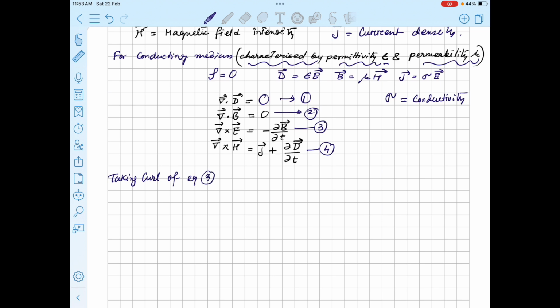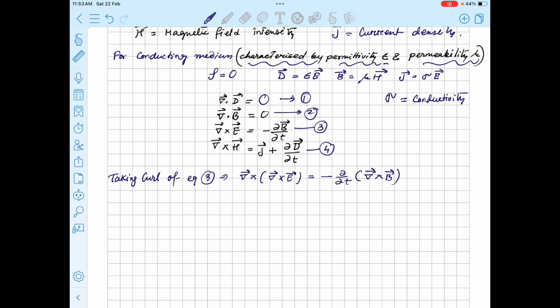If we take the curl on both sides of this equation, then what are we going to get? We're going to have curl of E, and on the other side minus del t of curl of B. That's what we are going to have.